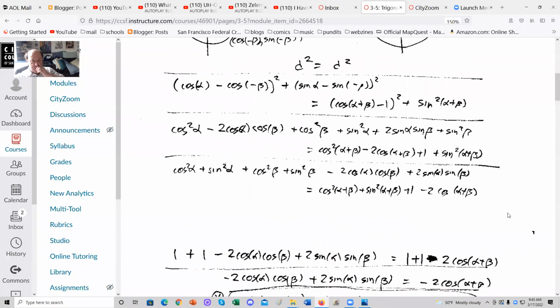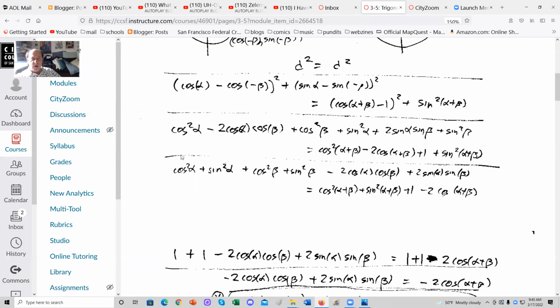Now, let's rearrange things. Put the cos squared alpha next to the sine squared alpha here. Put this cos squared beta next to the sine squared beta here. Here we have a cos squared alpha plus beta and a sine squared alpha plus beta put next to each other. And we have these other terms, minus 2 cos alpha cos beta plus 2 sine alpha sine beta. And on the right, minus 2 cosine alpha plus beta.